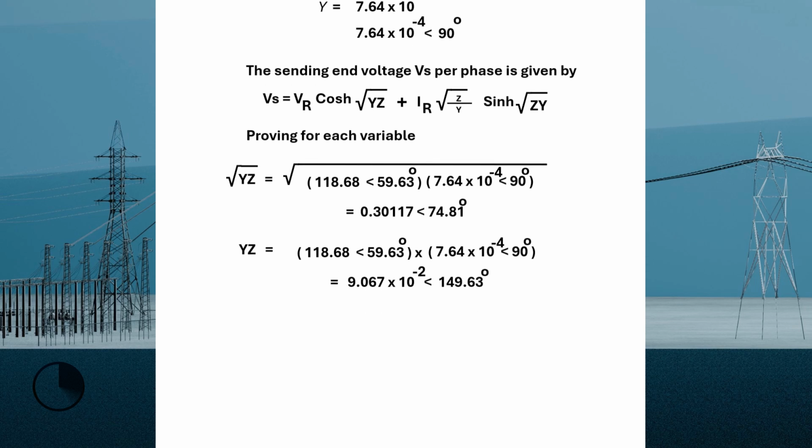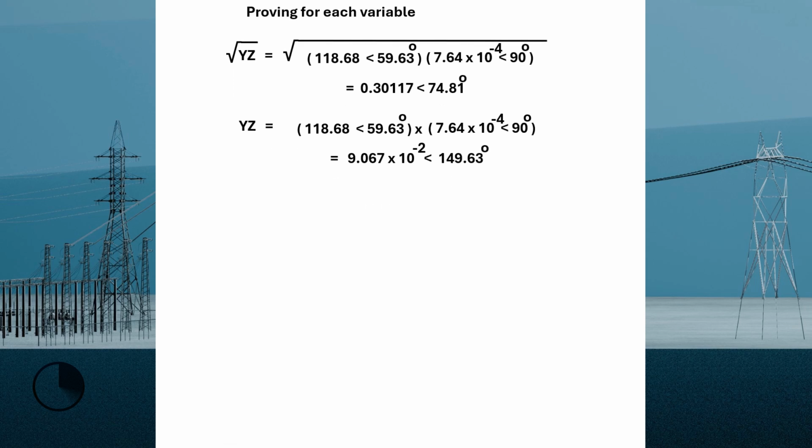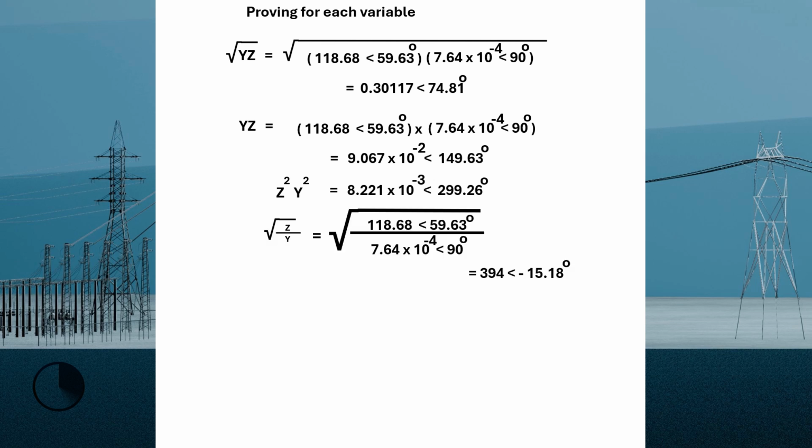Likewise, impedance squared and admittance squared can be calculated too. So when we square this, the impedance squared times admittance squared will be 8.221 times 10 raised to power minus 3 at an angle of 299.26 degrees. The square root of impedance over admittance is equal to the square root of 118.68 at an angle of 59.63 degrees, all over 7.64 times 10 raised to power minus 4 at an angle of 90 degrees.